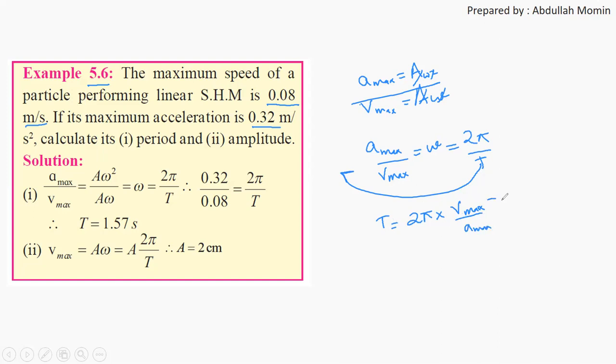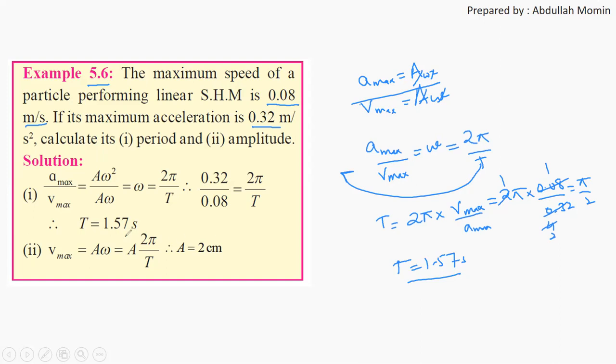We know that V max is 0.08, which is given, and A max is 0.32. So we will get 1 by 4, that is pi by 2. When you put the value of pi and solve it, you will get 1.57 seconds.